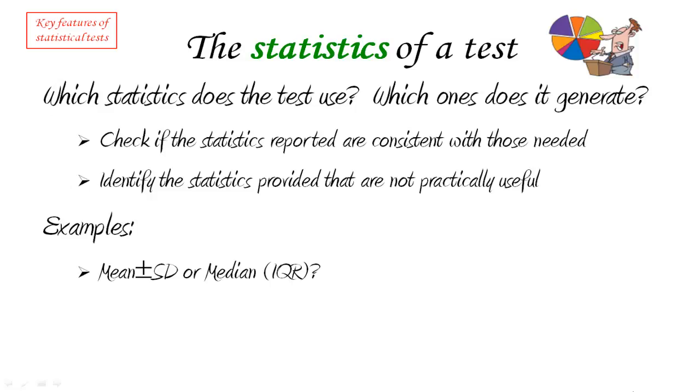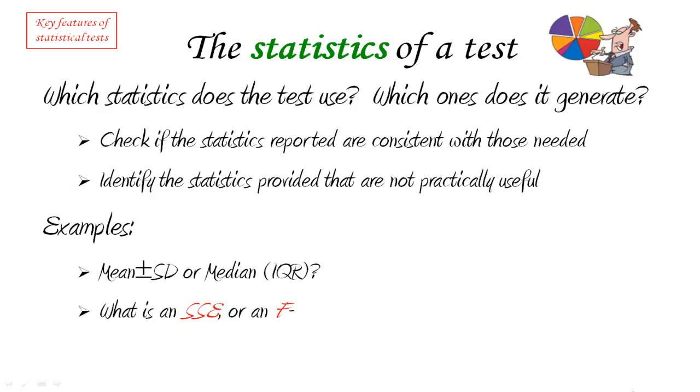On the other hand, if the authors report mean and standard deviation, but then use a test that requires the median or the interquartile range, we may start to suspect that something is not right. Sometimes there are good reasons why this is done, but other times we want to investigate to make sure that the choice was made properly and not out of some incorrect thinking.